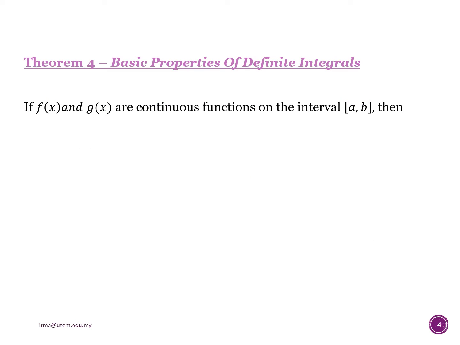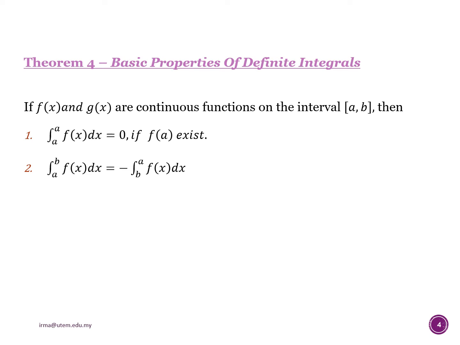Next is theorem 4, the basic properties of definite integrals. If f and g are continuous functions on the interval [a, b], then we have the integral of f(x) from a to a is equal to 0, because we have the same value, F(a) minus F(a), so you will get 0.